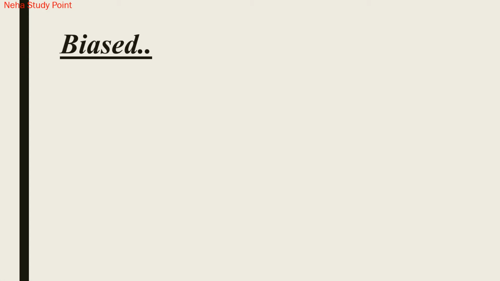Now come to the point of what is bias. Basically there are two types of bias, forward bias and reverse bias.